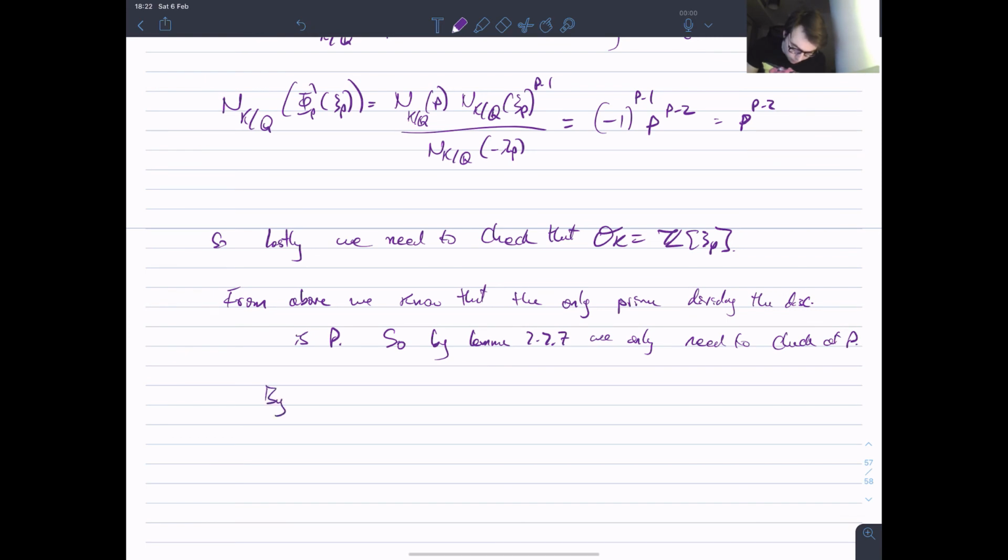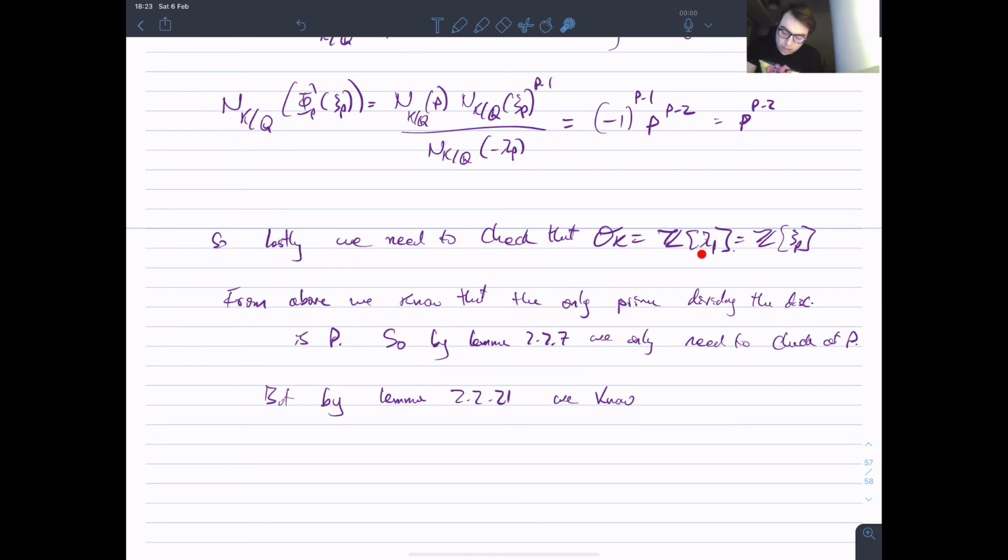But by the other lemma, which we were using in tandem, 2.2.21, we know that since our minimal polynomial is Eisenstein at p, for lambda p, we need to check that this thing equals this, which we've already seen. So now the minimal polynomial of lambda p is Eisenstein at p.